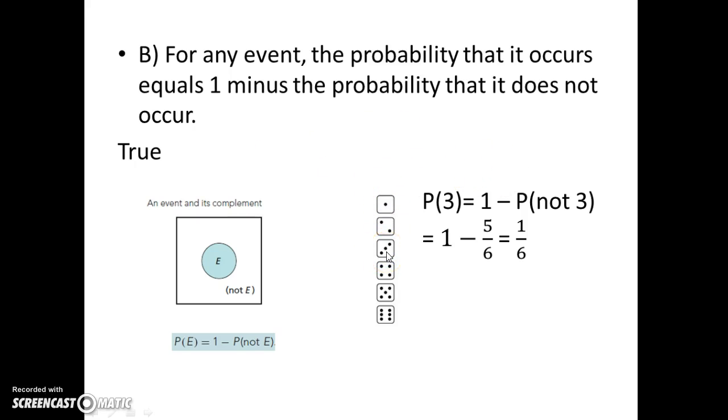The whole thing is again 1. The whole probability is 1 for all of them, and these 5 are not 3. When you find the probability of getting these 5, there are 5 outcomes out of 6, so that's 5 out of 6. This is the part that we do not want. If the whole thing is 1, you subtract this from 1 and you get 1 out of 6.